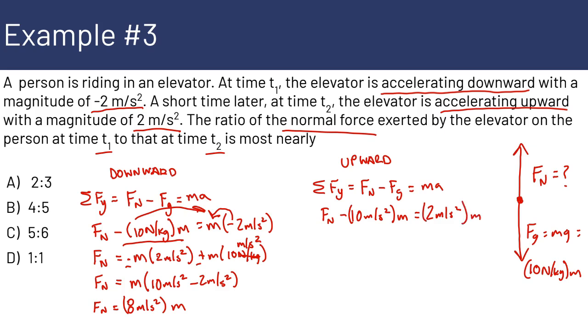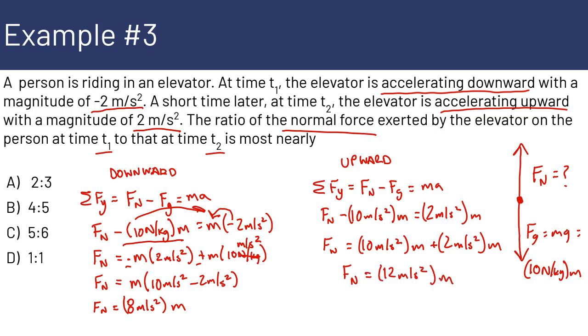So now I'm going to add this 10 meters per second squared times m to the right side. So we have Fn is equal to 10 meters per second squared times m plus 2 meters per second squared times m. So factor out the m, add the 10 plus 2, so we have the normal force is equal to 12 meters per second squared times m.